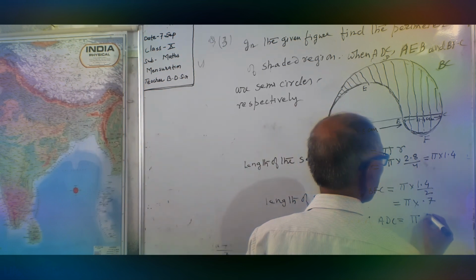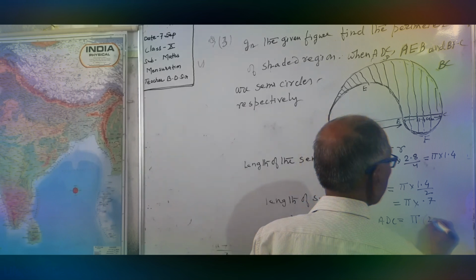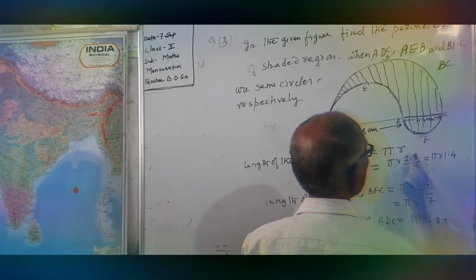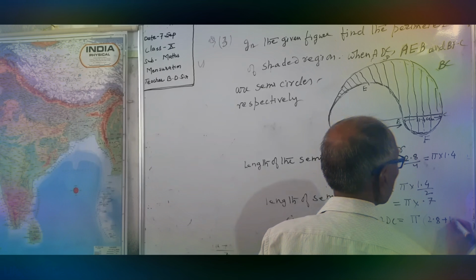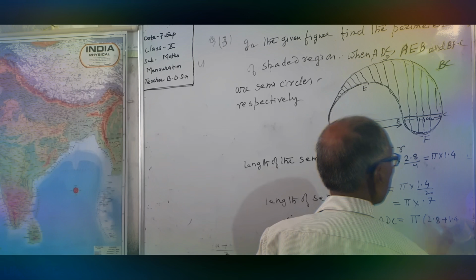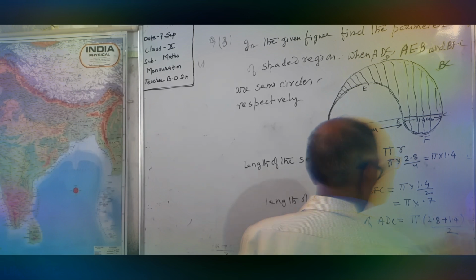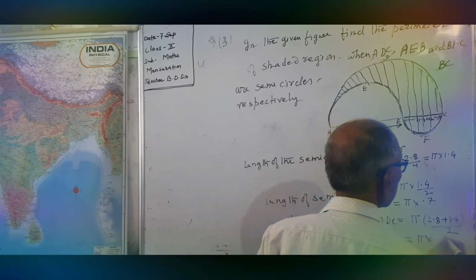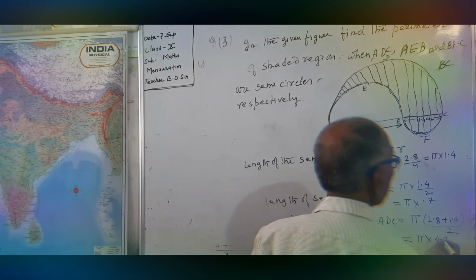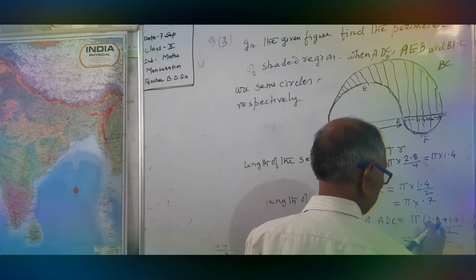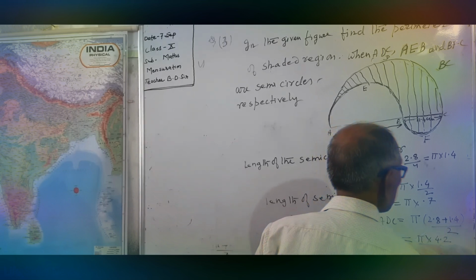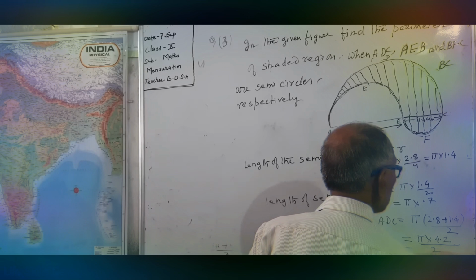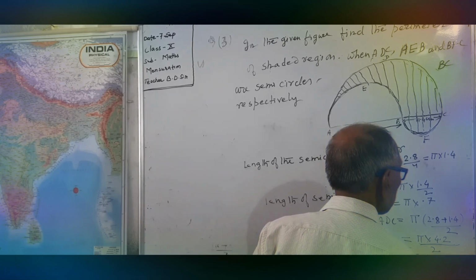AC means 2.8 plus 1.4, length of AC, that is diameter, by 2, is equal to pi into 2.1.